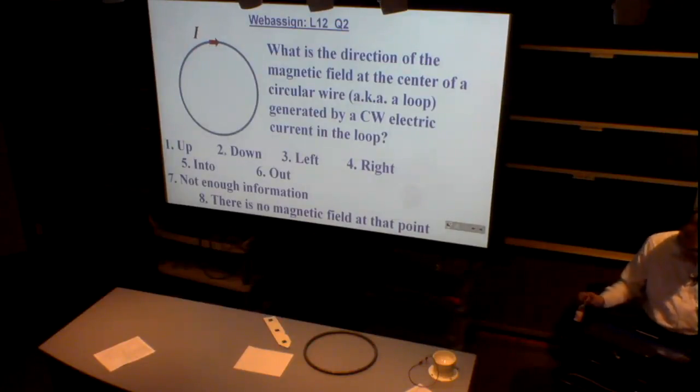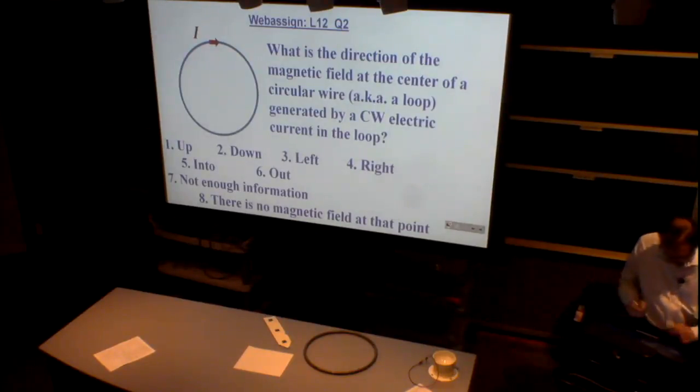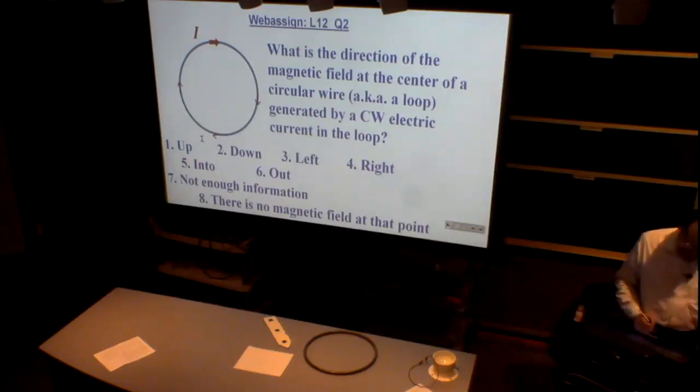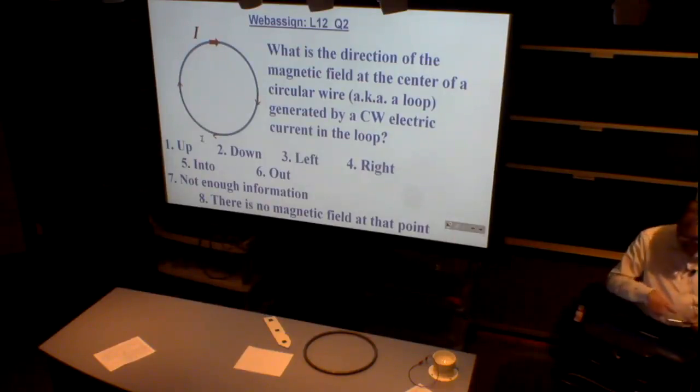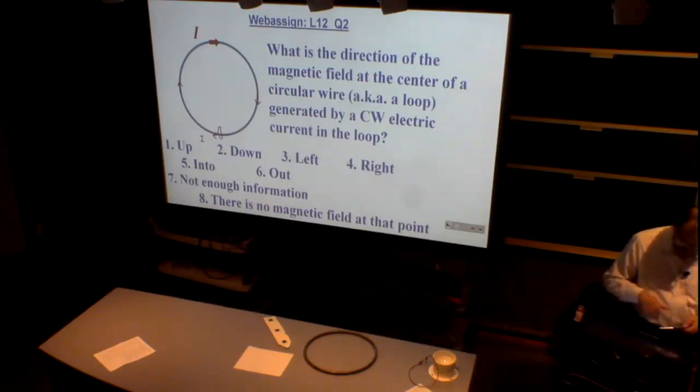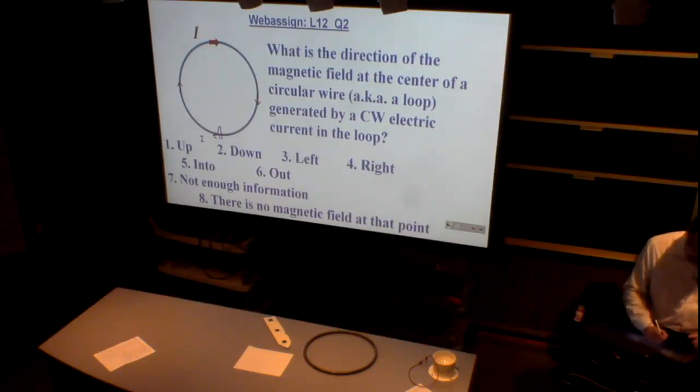So down, left, up, that's electric current. And for magnetic field lines, kind of circles like this. And this symbol represents the magnetic field vector, which should point away from us.